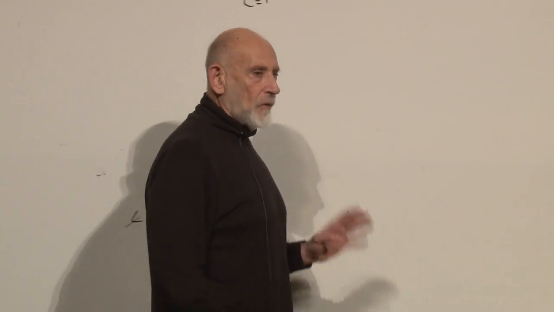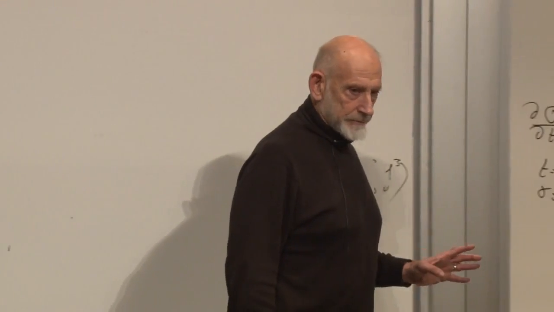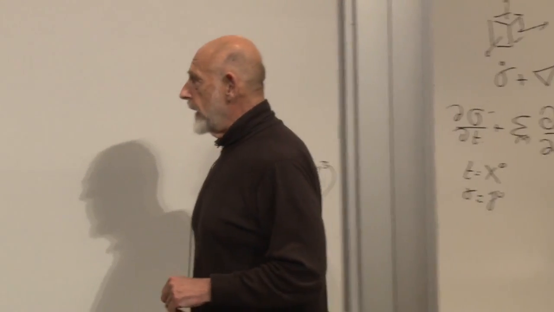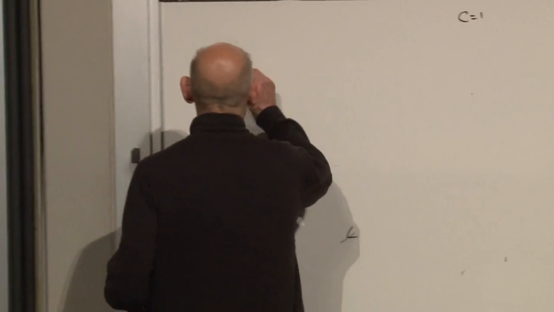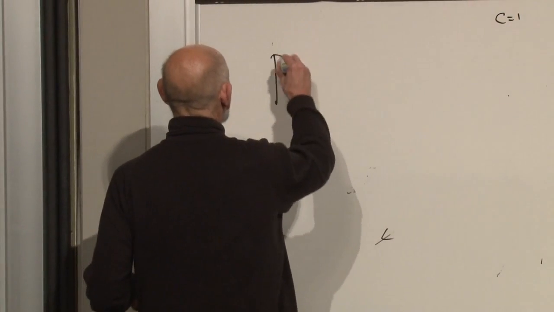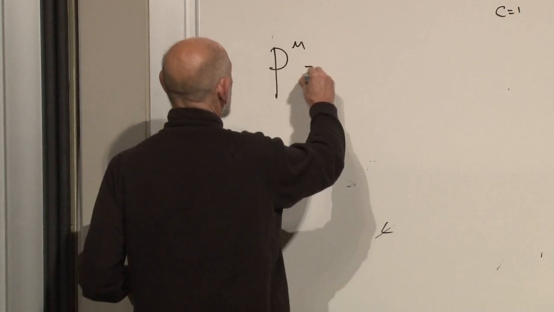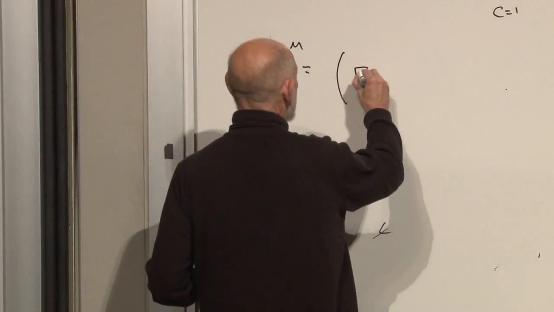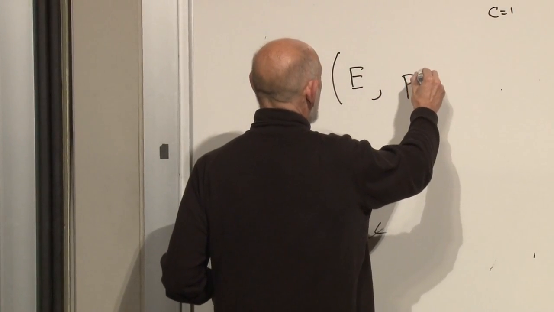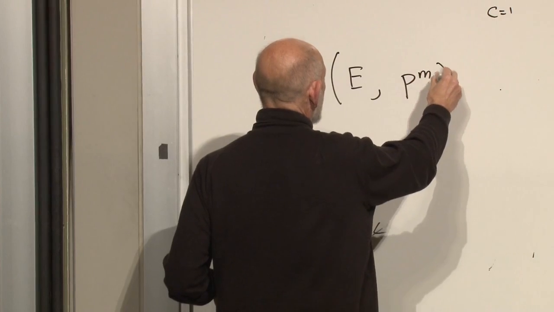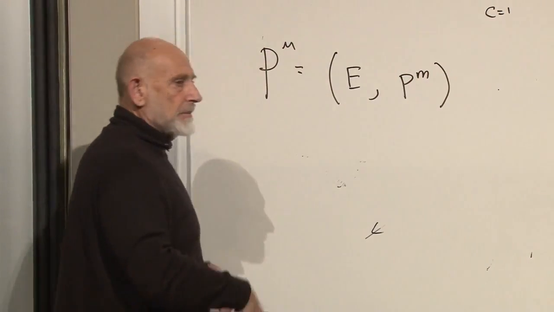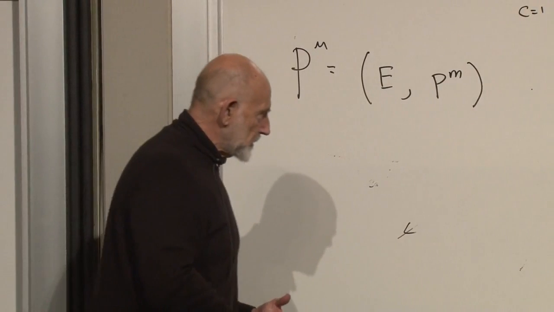They together form the components of a 4-vector. And that 4-vector, P mu, includes the energy and the components of momentum Pm, where m labels the directions of space.